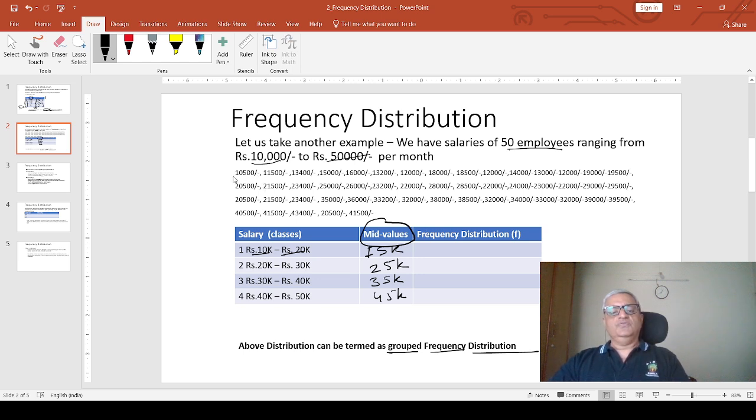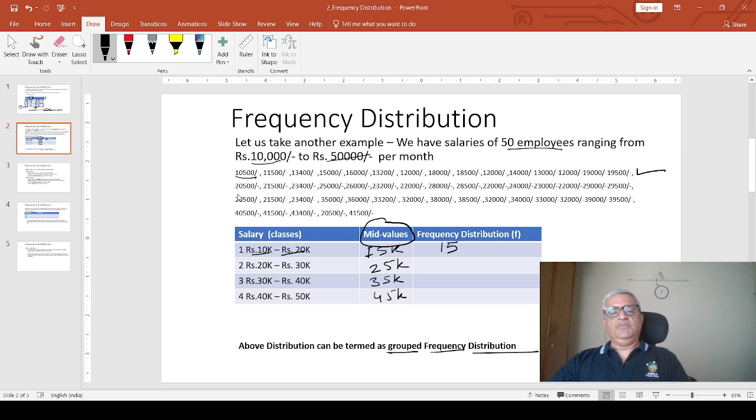Of course this will fall in the first band. So 1, 2, 3, 4, 5, 6, all falling in the first band, 7, 8, 9, 10, 11, 12, 13, 14, 15. So the first 15 fall in the first band.